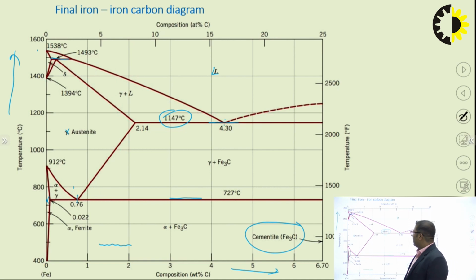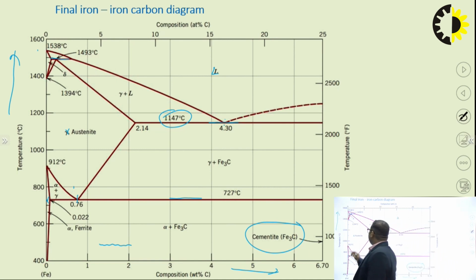You can see here that the maximum solubility of carbon in the austenite phase is around 2.14%. Similarly, the maximum solubility of carbon in alpha is around 0.0022%.